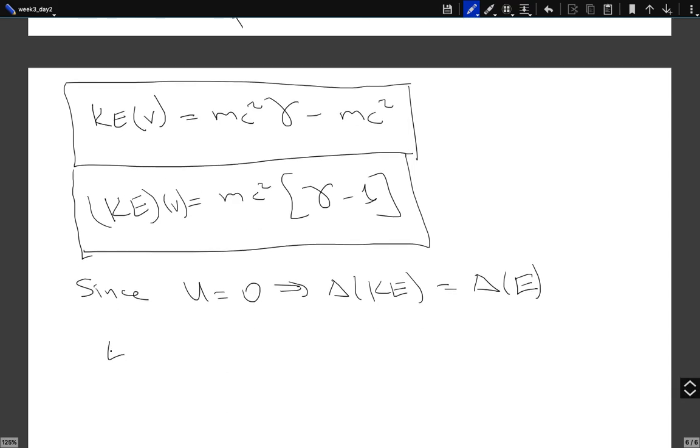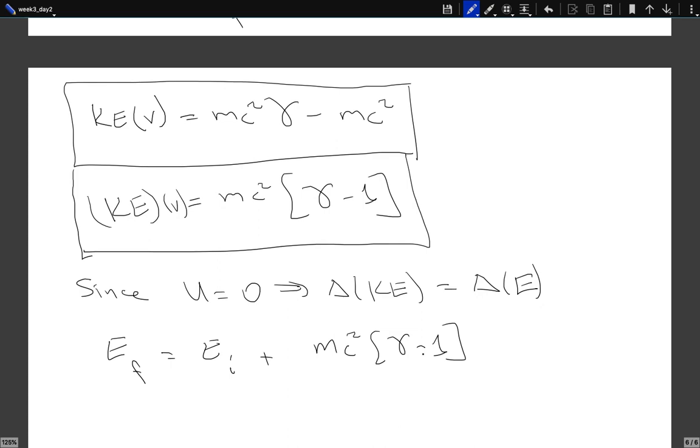So the final energy of the object is the initial energy plus mc squared times (gamma minus 1). This is all we can say without any ambiguity.